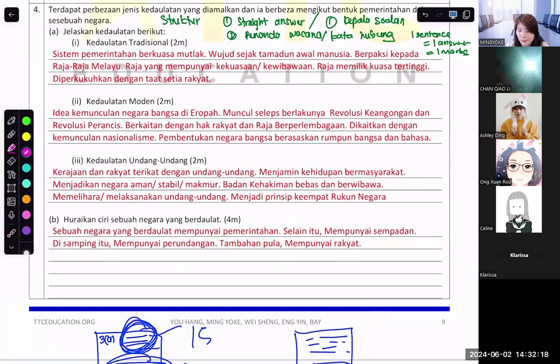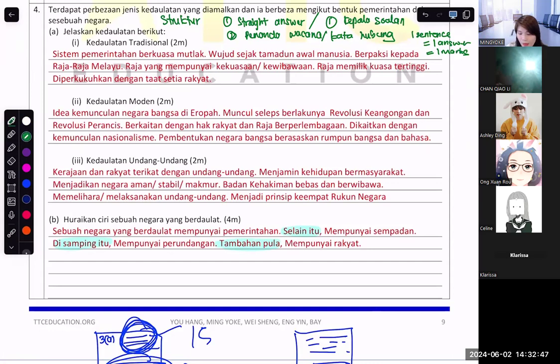Please do not put a comma. Understand? You can put dan, serta. But if your teacher says, I want one sentence, one answer, 1 mark, then you have to use selain itu, di samping itu, tambahan pula. Understand guys?